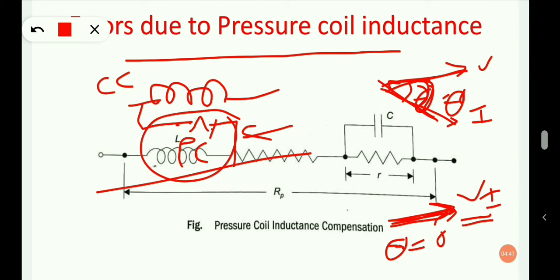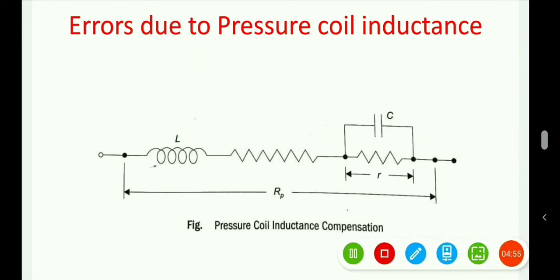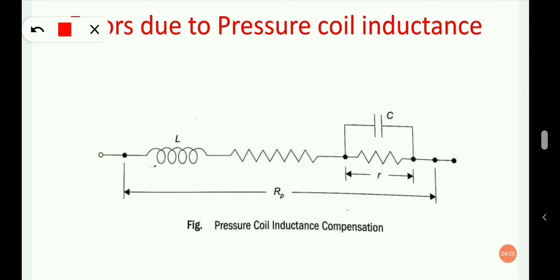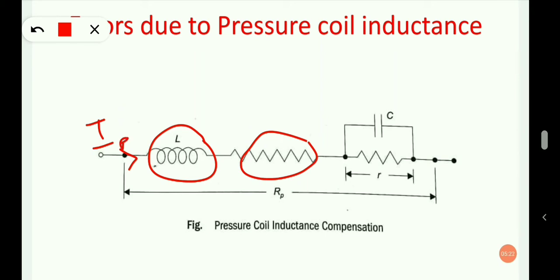The pressure coil current will lag the voltage by some angle when the pressure coil has some inductance. Here this is the pressure coil and it has some inductance. Then the current flowing through this, IP, will lag the voltage by some angle.